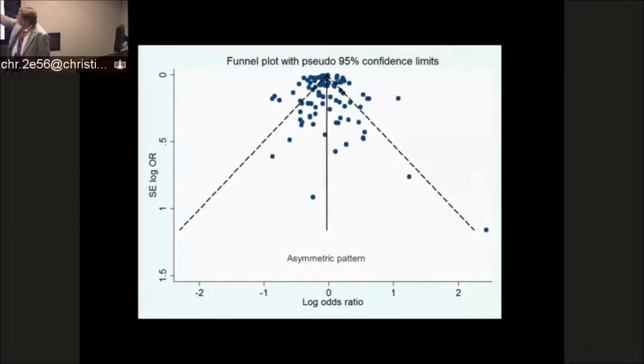If you see something like this, where quite a number of the larger studies are outside of the confidence limits, you have an asymmetric pattern, and that's telling you there's some sort of bias going on here, that the larger studies are not consistently giving the same answer.